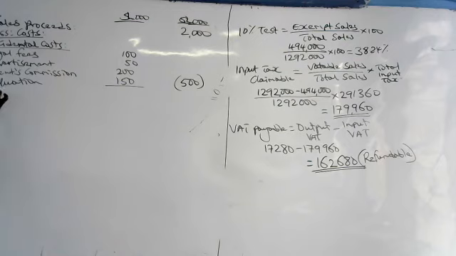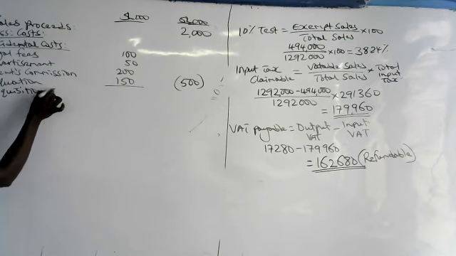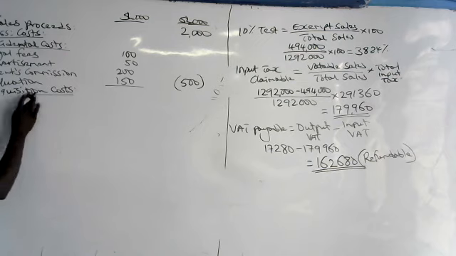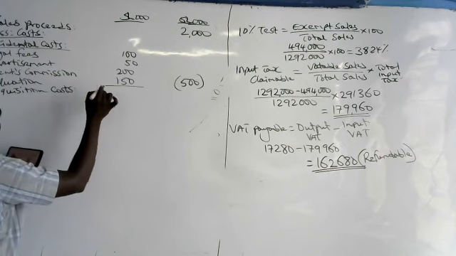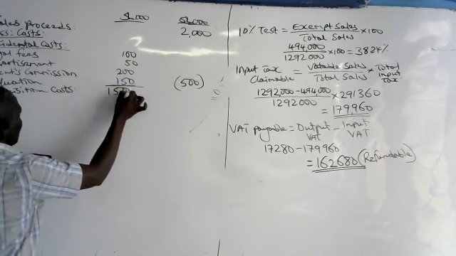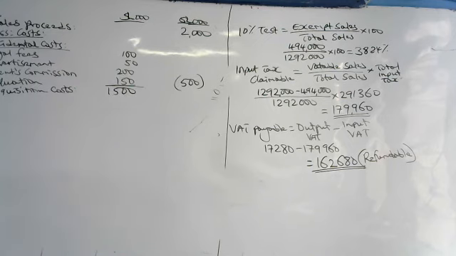We have the acquisition costs. We have the purchase price. How much is the acquisition cost? 1500, right? So 1500, I can less capital allowances.